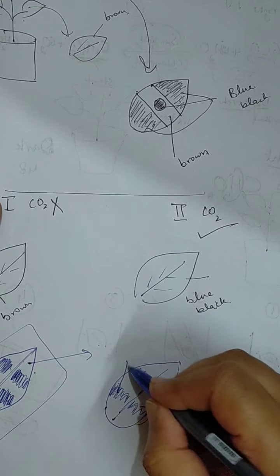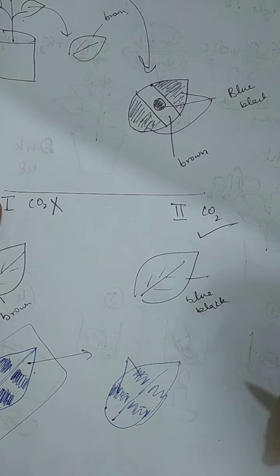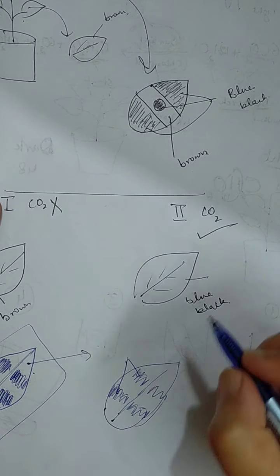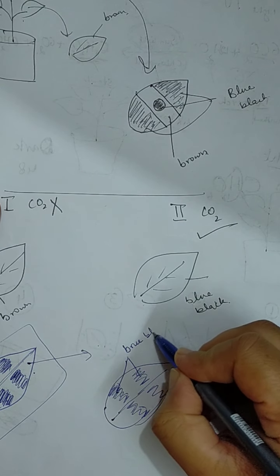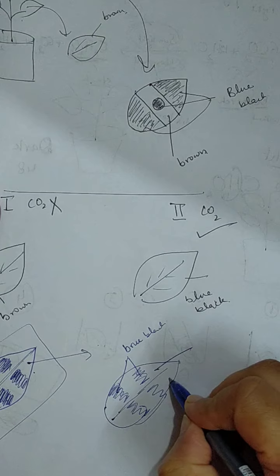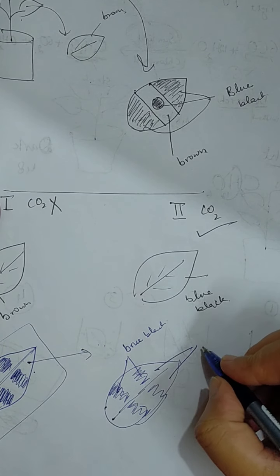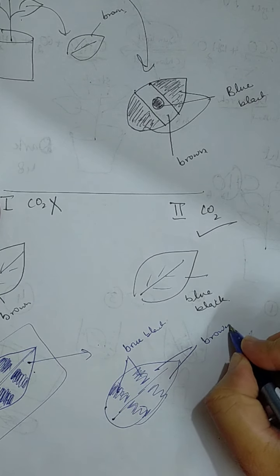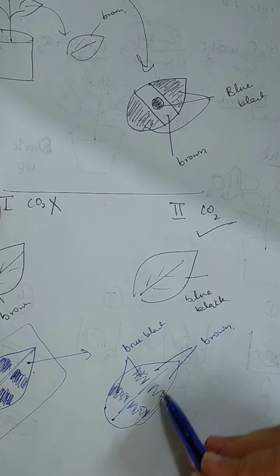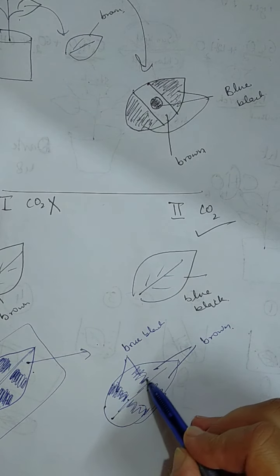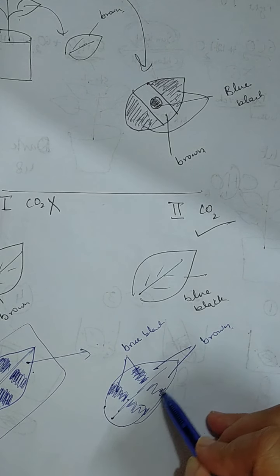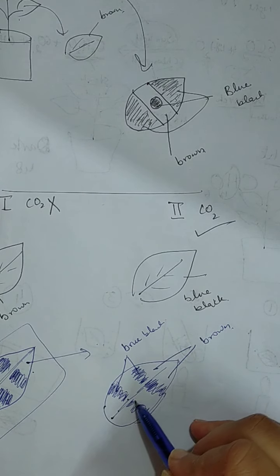Why? Because in these areas starch has formed due to photosynthesis, so these will turn blue black, while the white area will remain brown due to the iodine color. So this proves that photosynthesis takes place just in the green portion of the plant where chlorophyll is present.